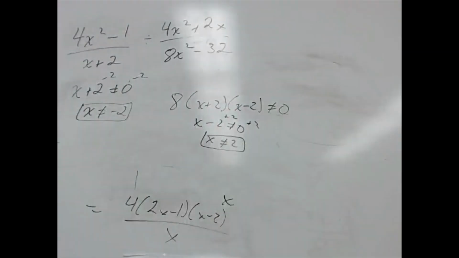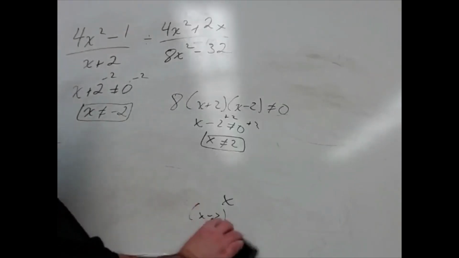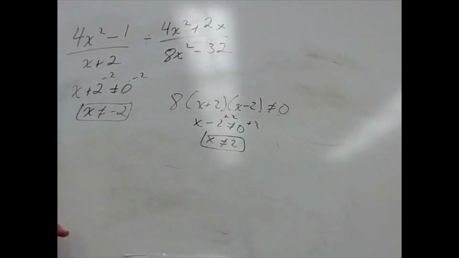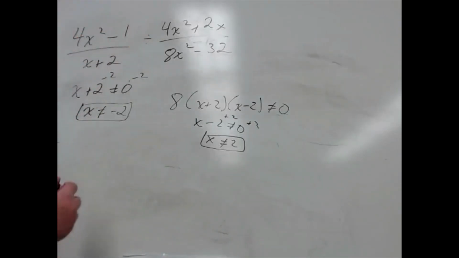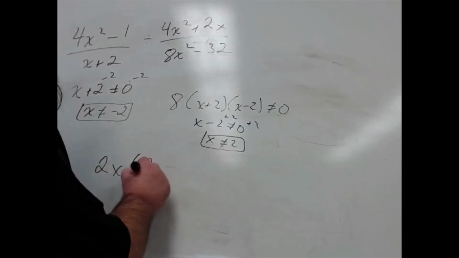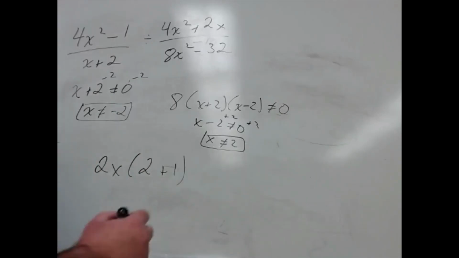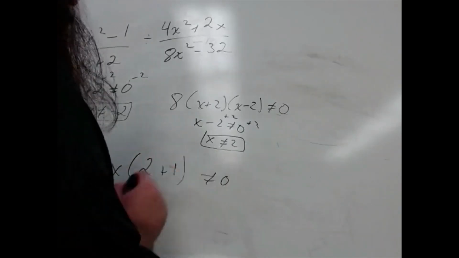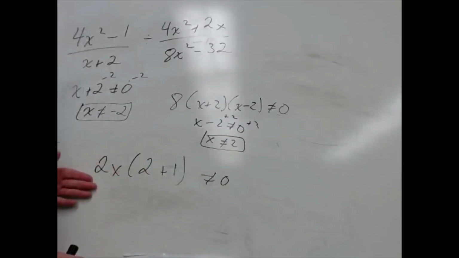And now, remember, since it's division, which ends up flipping the second fraction, I need to look at the numerator of the second fraction as well. And remember, that one factored to 2x times 2x plus 1. So this one cannot equal 0 as well. So my first non-permissible from here is going to be when 2x cannot equal 0.